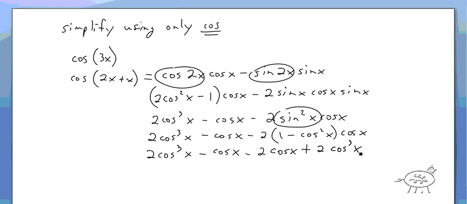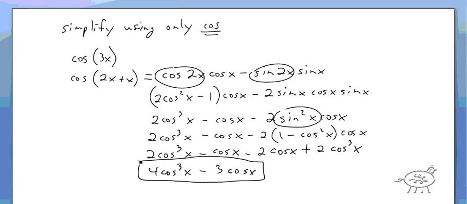And we combine like terms, and we get 4 cosine cubed of x minus 3 cosine of x. And there we go. That is a cosine triple angle.